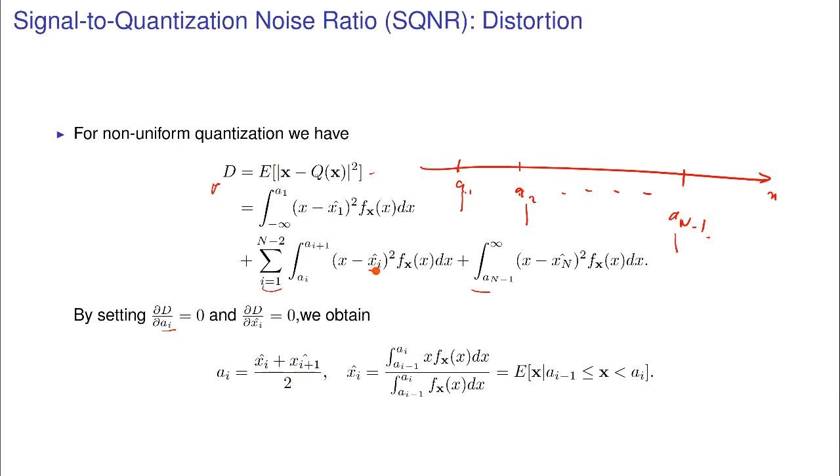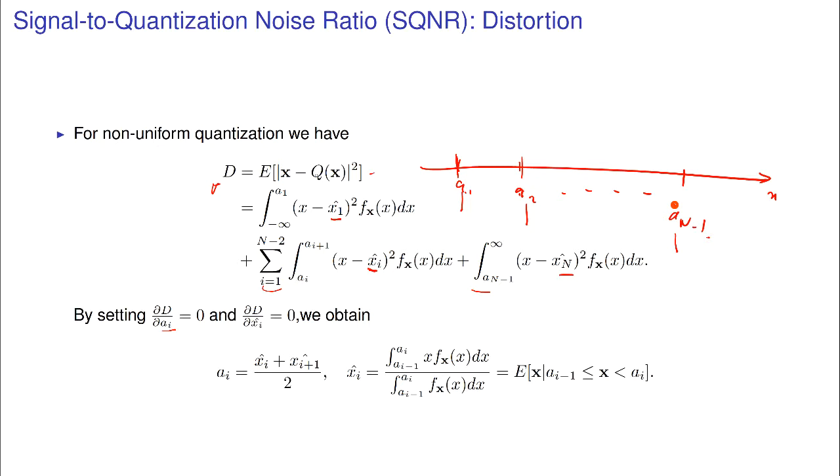Moreover, the quantized values that appear in these integrals, I could also minimize the distortion with respect to x hat 1, x hat 2, etc. So I could calculate not only the derivative of the distortion with respect to the boundary of my regions, but also with respect to the quantized values.